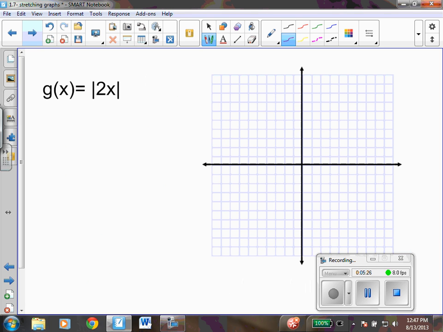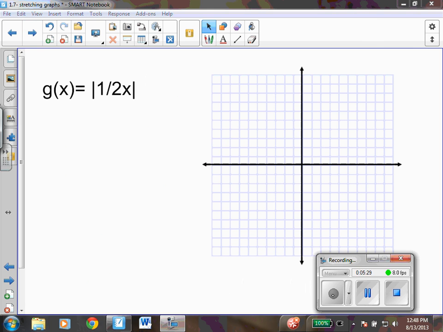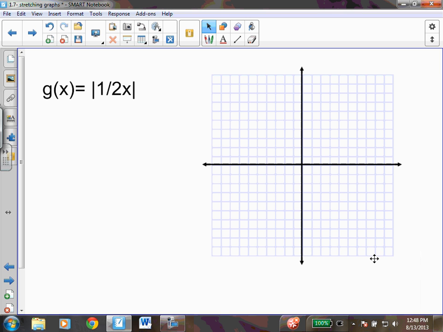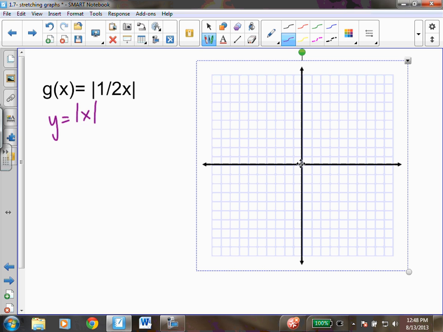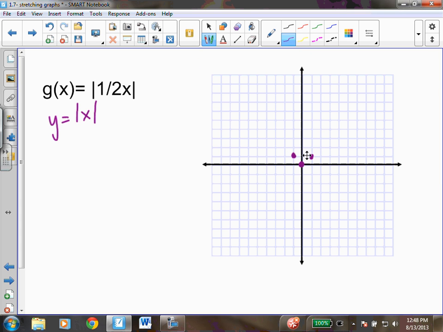Let's do another example. This one is g(x) = the absolute value of 1/2 x. So I'm going to start off by focusing on my parent function, the absolute value of x. I know that the important points of this parent function are (0, 0), (1, 1), and (-1, 1). And it creates the V shape.